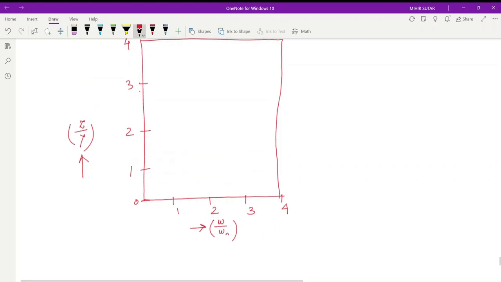So now if you plot the variation of z by y with respect to omega by omega n for different values of zeta, we'll have graphs like this.